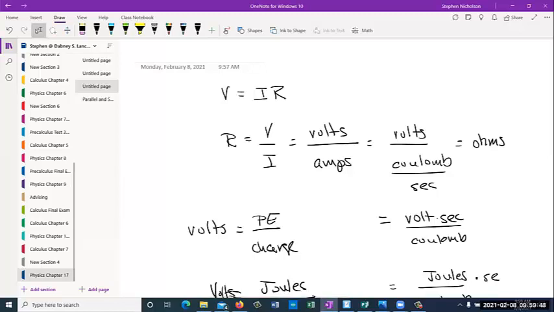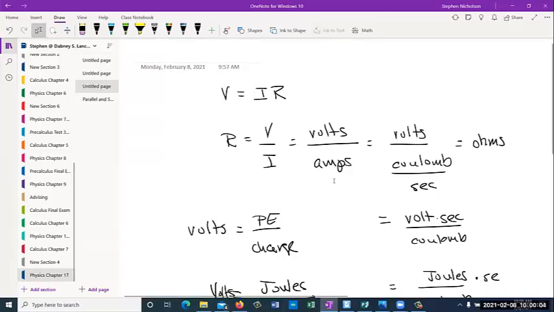Giovanni sent a message here. Ohm's law doesn't actually apply to diodes or LEDs. As he says, it has a weird curve. It's almost exponential.